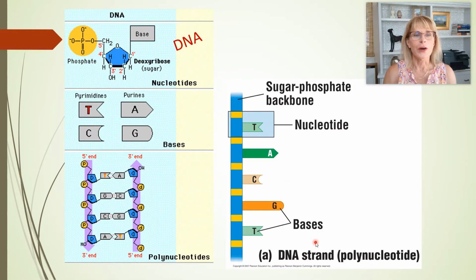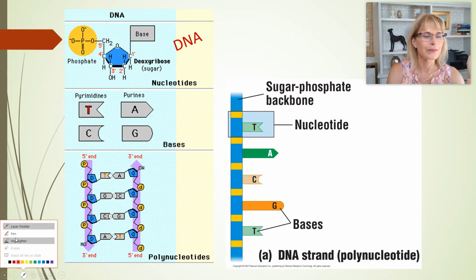All right, so let's talk about it a little bit more. DNA and RNA are both nucleic acids. They are built out of nucleotides. DNA nucleotides are made out of a phosphate, a sugar, and a base. The name of the sugar that is used in DNA nucleotides is deoxyribose. Literally, this D right here in DNA stands for deoxyribose.